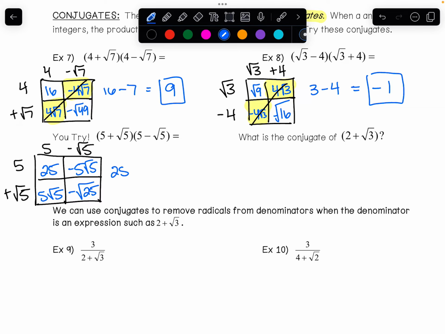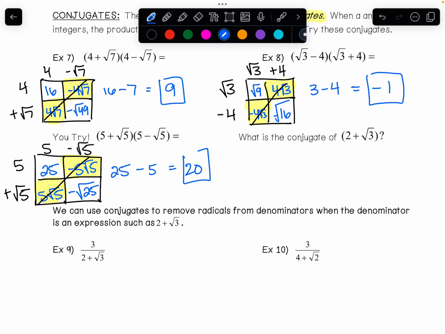So I'm going to have 25. What is the 5 square roots of 5 minus 5 square roots of 5? 0. Minus, what's the square root of 25? 5.